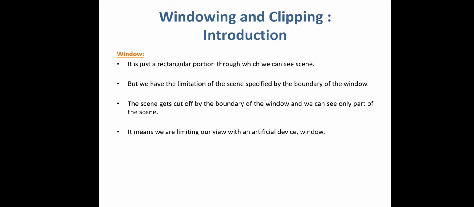It does not mean that whatever we have seen exists and the other part does not exist. That is not the meaning of windowing. The other part also exists, but we are not able to see it because of the boundary of the window. So we are limiting our view with an artificial device called a window. We are giving a limitation to a particular view by applying that window. This is called a window.